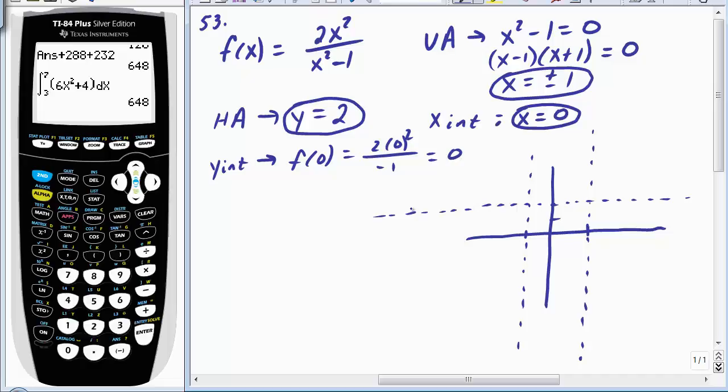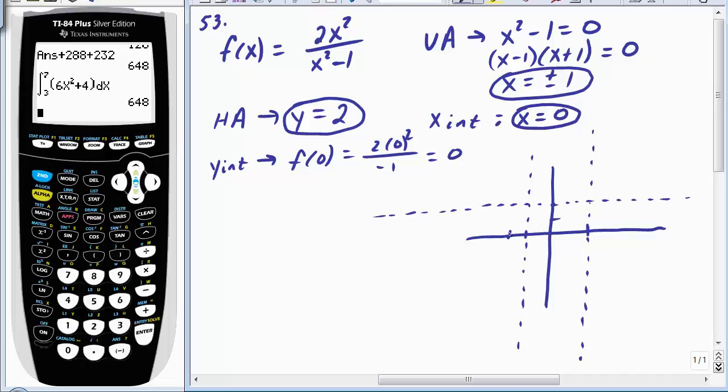Okay, now, when I try to graph this out, I have the asymptotes drawn in, and I'd like to plot a point on each side of these vertical asymptotes. So, for example, I want to know what my y value is when x is negative 2.